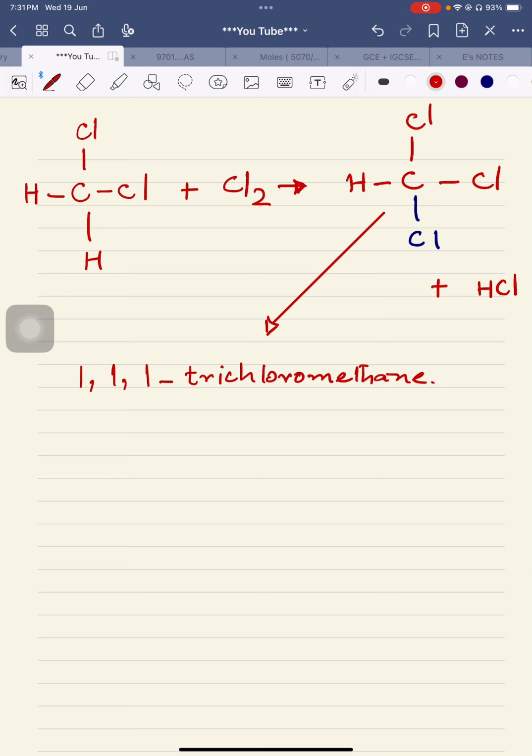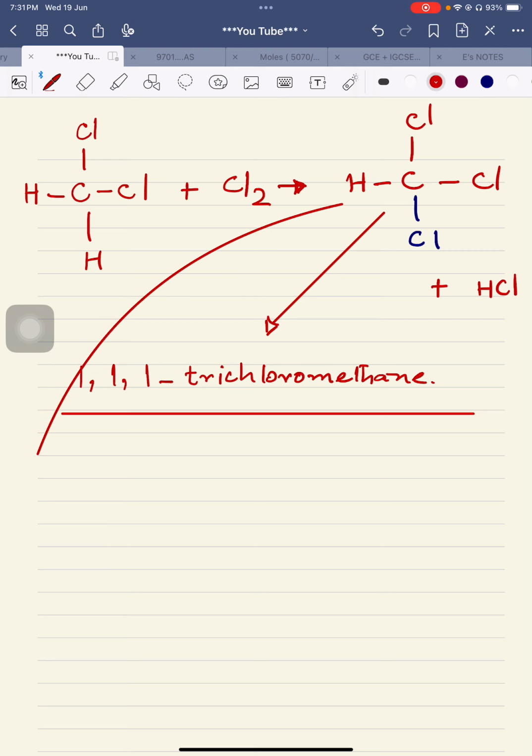Okay, so this is number two and number three now. Now what will happen in the next step? Guys, look at this right now. This bigger arrow is telling you that the product of step number three is acting as a reactant of step number four. Here I am going to take it like this.